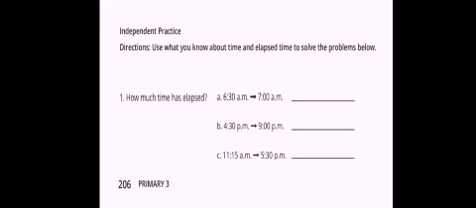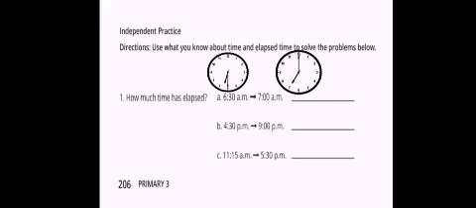The first one here, from 6:30 a.m. going to 7 a.m. The first one, this is 6:30 and this is 7 a.m. We will go from the long hand here, from 30 going to 7. So from 6:30 to 7 we have 30 minutes.